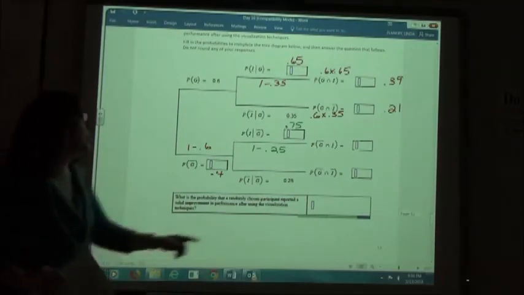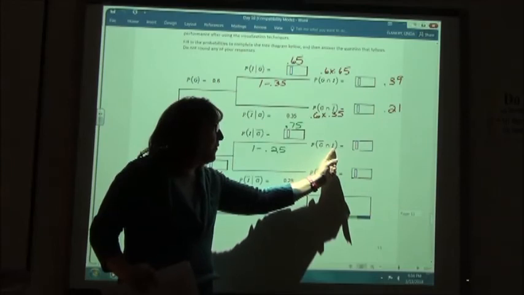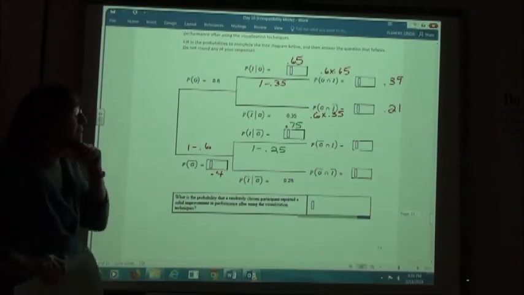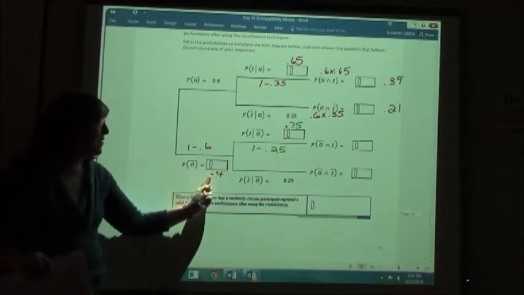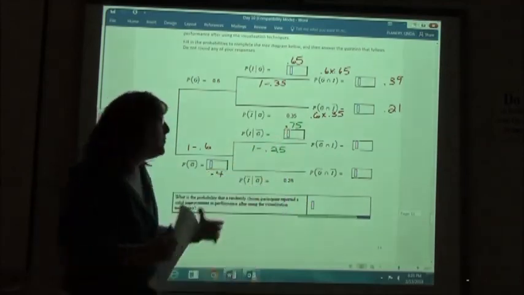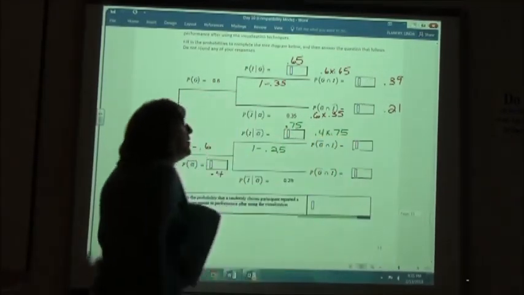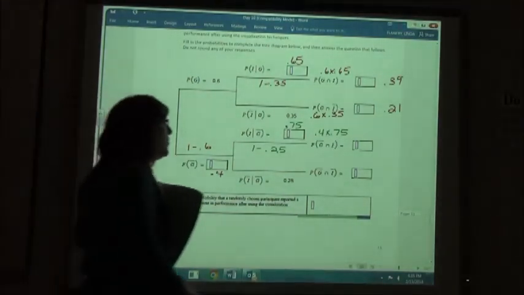So if I'm going to find the percent of the people who were not golfers but did improve, I would take what times what? The 0.4 were not golfers times the 0.75 that did improve. So 0.4 times 0.75 gives me 0.3.